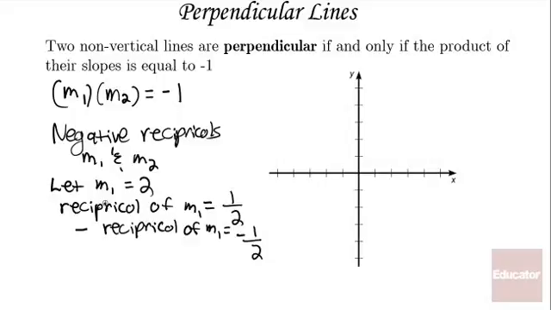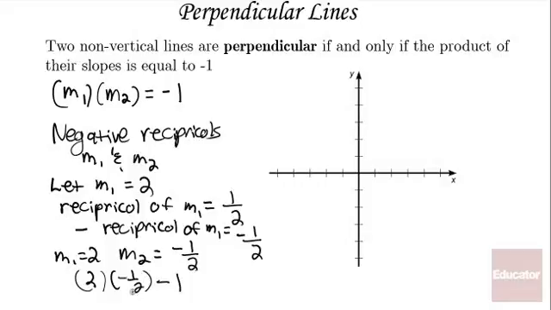Therefore, for M1 and M2 to be perpendicular, if M1 equals 2 and the other line has a slope M2 that equals the negative reciprocal, then when I multiply these two out, I am in fact going to get -1.